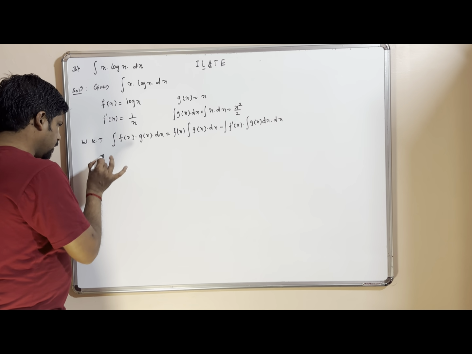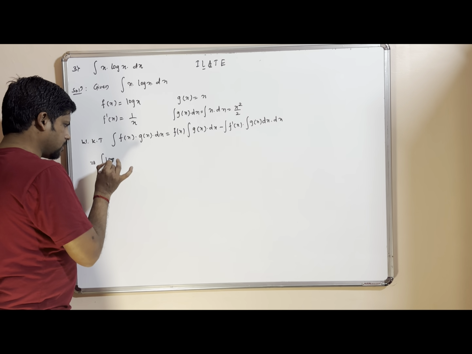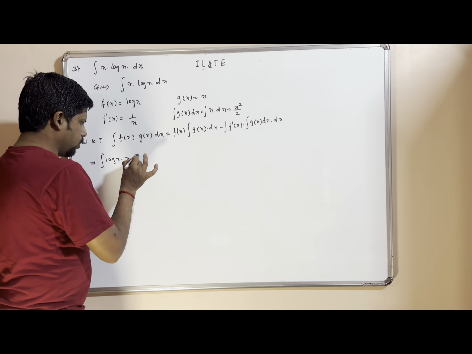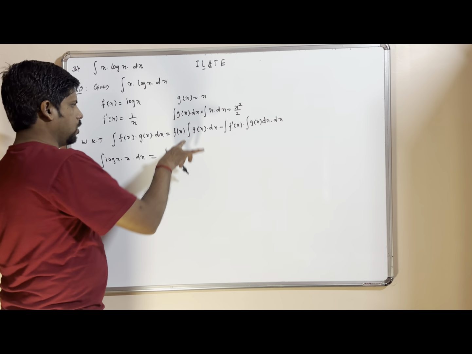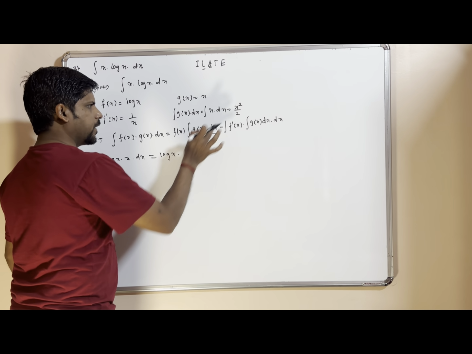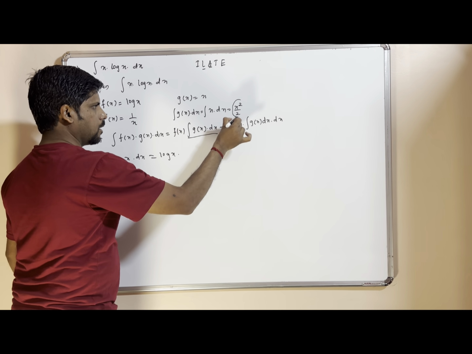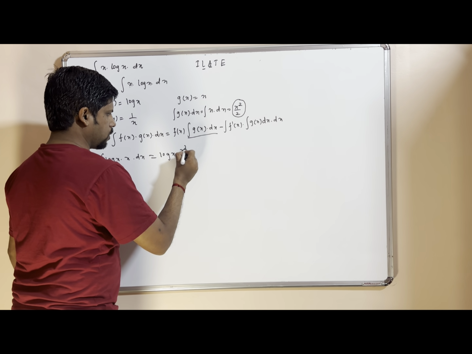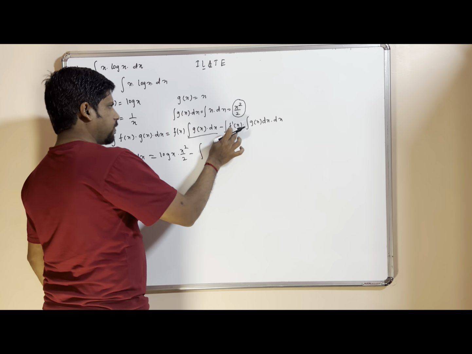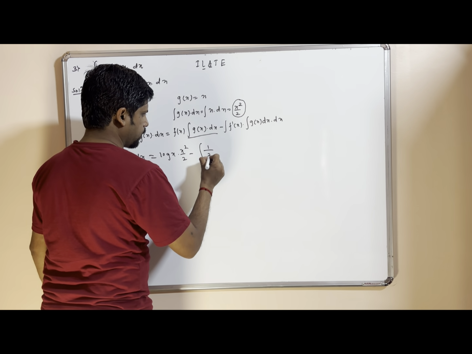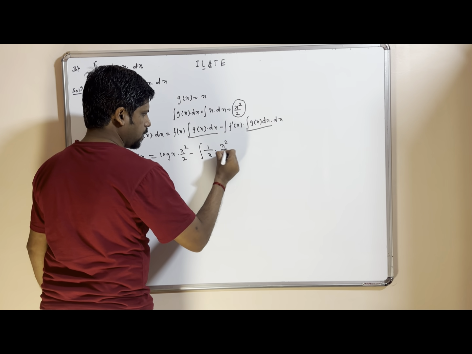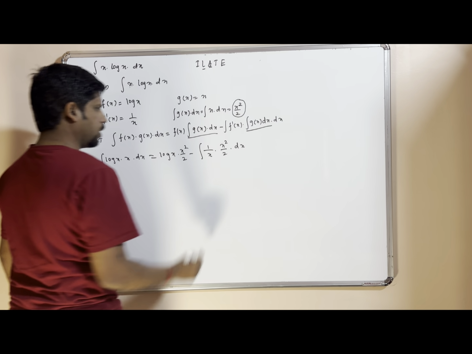Substitute here: f of x is log x, g of x is x into dx, equal to log x into integration of g of x, which is x square by 2, minus integration of f dash of x, which is 1 by x, into integration of g of x, which is x square by 2, into dx.